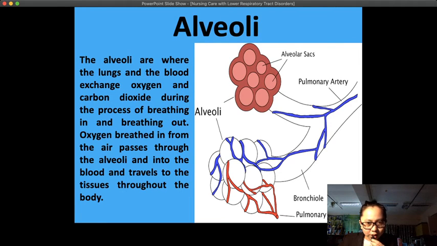And there's your bronchiole, and the alveolar sac is in the circle. You can see that; that's the alveolar sac. And this is the alveoli. So inside the alveoli are the alveolar sacs.